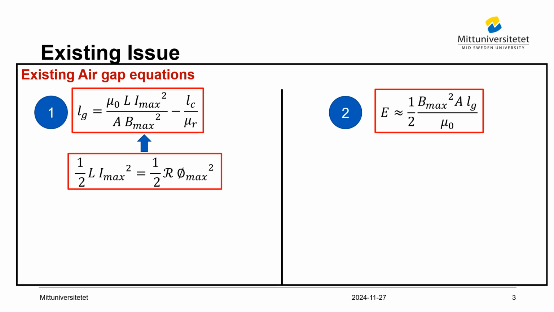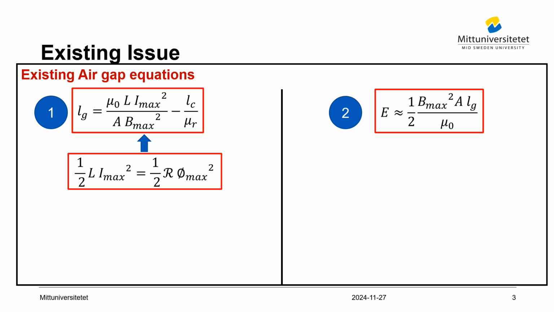If you equate both equations, then you get this equation. You have to mention that R here is the reluctance of your magnetic core, and L is the inductance, A is the cross section, Lc is the core length, and mu r is the relative permeability of your magnetic material.